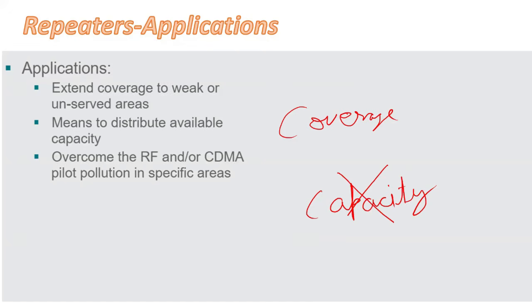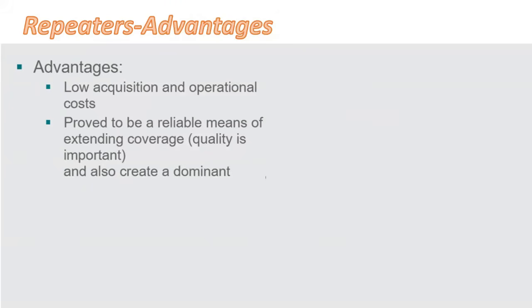Capacity will not be improved by repeaters. And what are the various advantages of repeaters? The use of repeaters to provide in-building coverage is very popular since it involves low acquisition and operational cost. The technique has also proved to be reliable for extending coverage and creating a dominant area, right? Because it improves the quality of the signal.